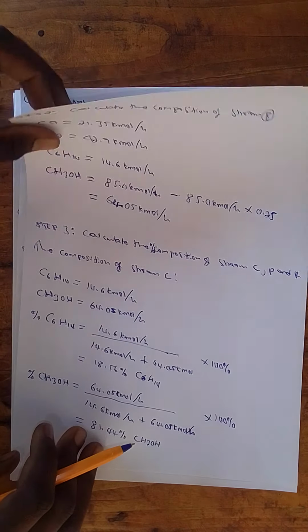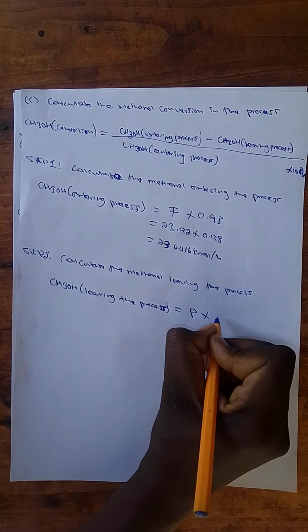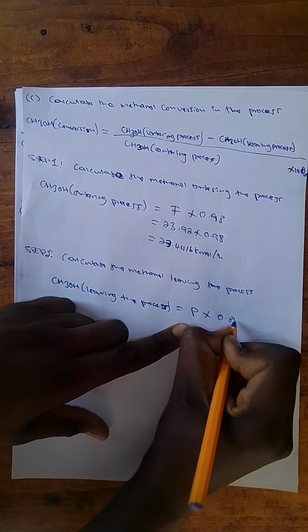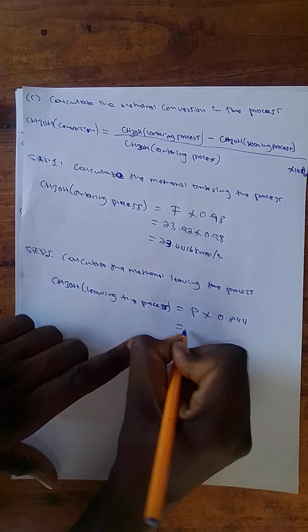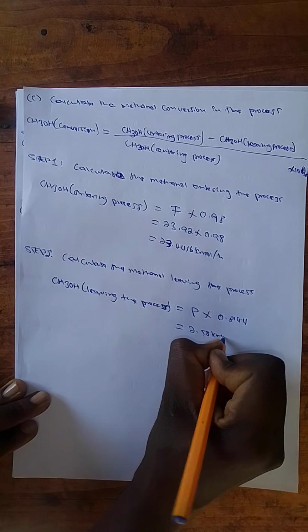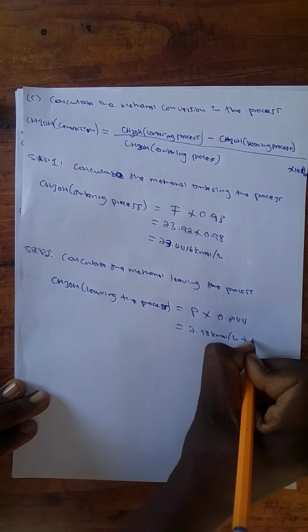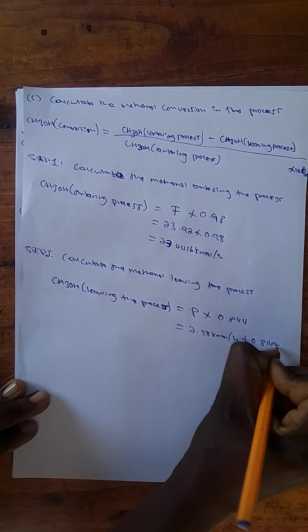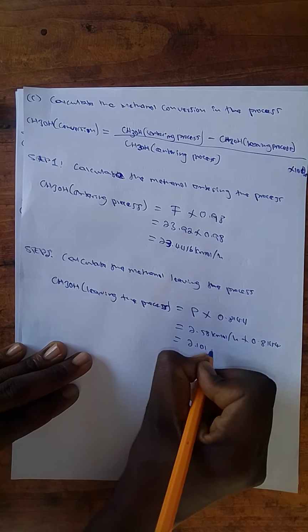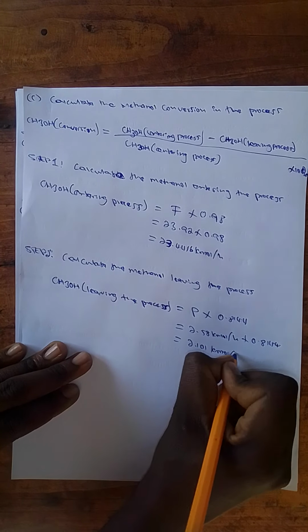So we say P, which is 2.58 kilomole per hour, multiplied by 0.8144, and if you use your calculator, it's going to give you 2.101 kilomole per hour.